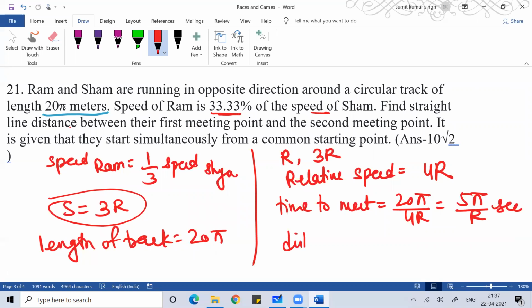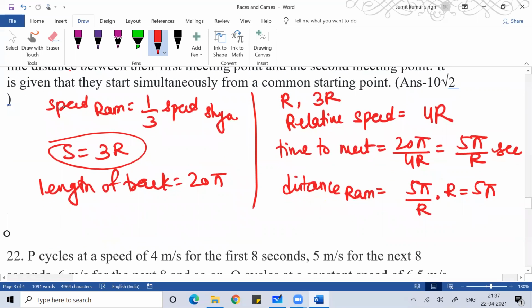So what is the distance covered by Ram when they'll meet? The speed of Ram is r, so the distance covered by Ram when they meet is 5 pi. And if Ram covered 5 pi, Shyam is going to cover 15 pi.